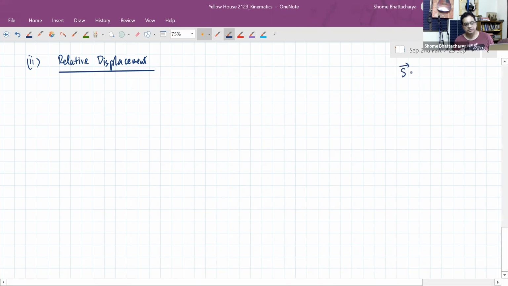So in kinematics, displacement was defined as delta r, or final position vector minus initial position vector. Like that over here, the relative displacement of, let's say, B with respect to A will be defined as the change in position vector of B with respect to A. So that's the definition.